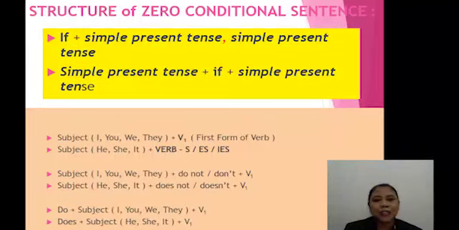Now let's see the structure of zero conditional sentences. If clause: if plus simple present tense and then simple present tense. Or if you put main clause in front, the structure will be simple present tense, if, and then simple present tense.